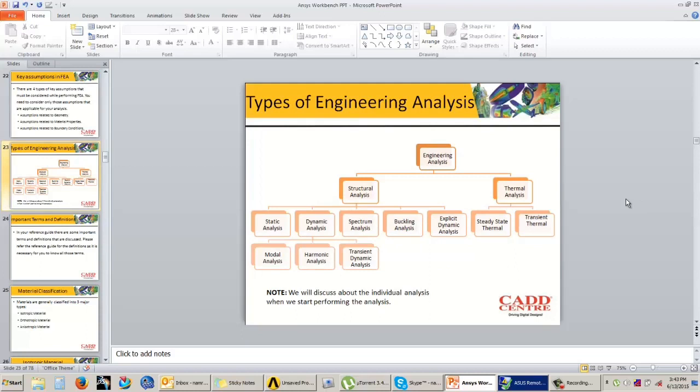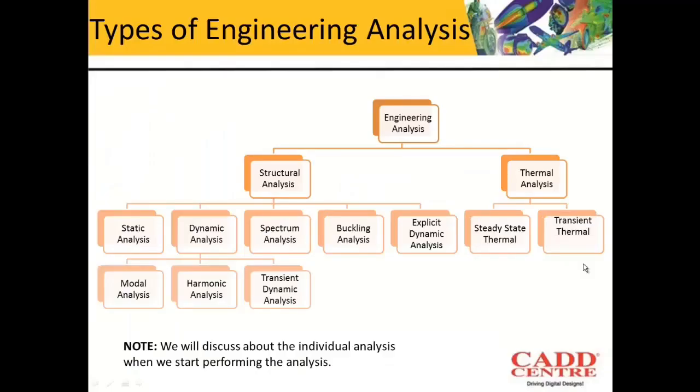the types of engineering analysis. Now if you see on your screen, the engineering analyses are of two major categories, structural analysis and thermal analysis. The structural analysis is further divided into static analysis, dynamic analysis, spectrum analysis, buckling analysis, and explicit dynamic analysis.